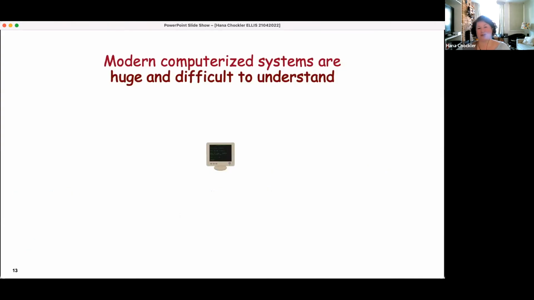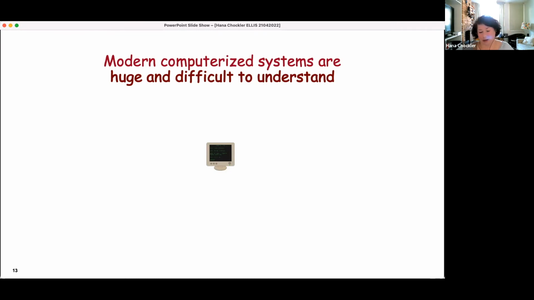Now the motivation for applying causal reasoning to modern systems. Modern computerized systems are huge and difficult to understand, and they're becoming more huge and difficult to understand as time passes.